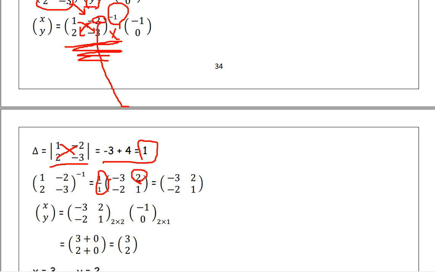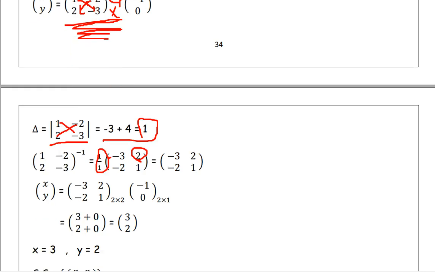And then multiply 1 over 1 by each element of this matrix. So the answer will be negative 3, negative 2, 1 by negative 1 and 0. So the answer will be 3 and 2. x equals 3 and y equals 2.